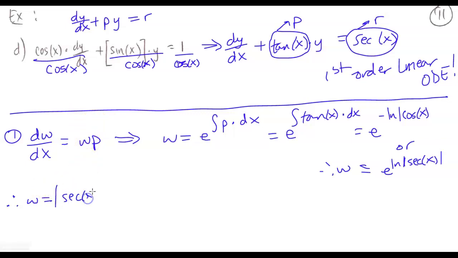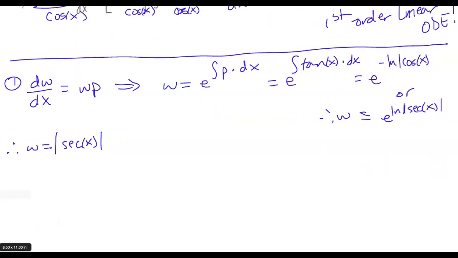This is just going to end up being absolute value of secant. All right, so now we need to apply the second equation. That second equation says the derivative of the product of the integrating factor and our solution y, taking the derivative with respect to x, will end up being the same thing as the integrating factor times r.